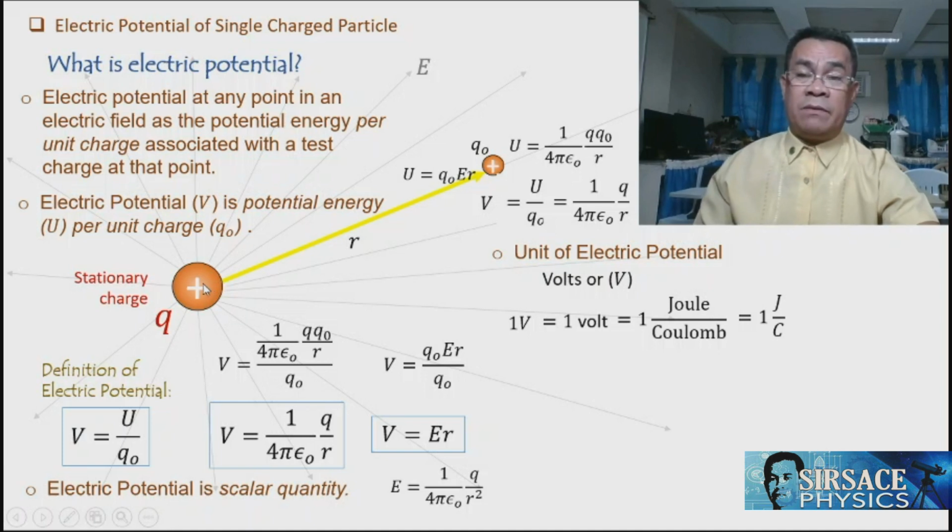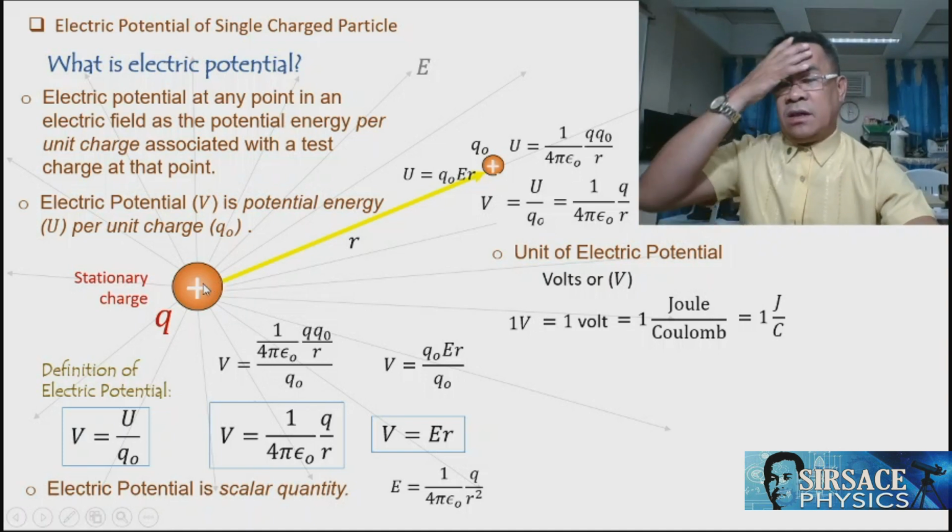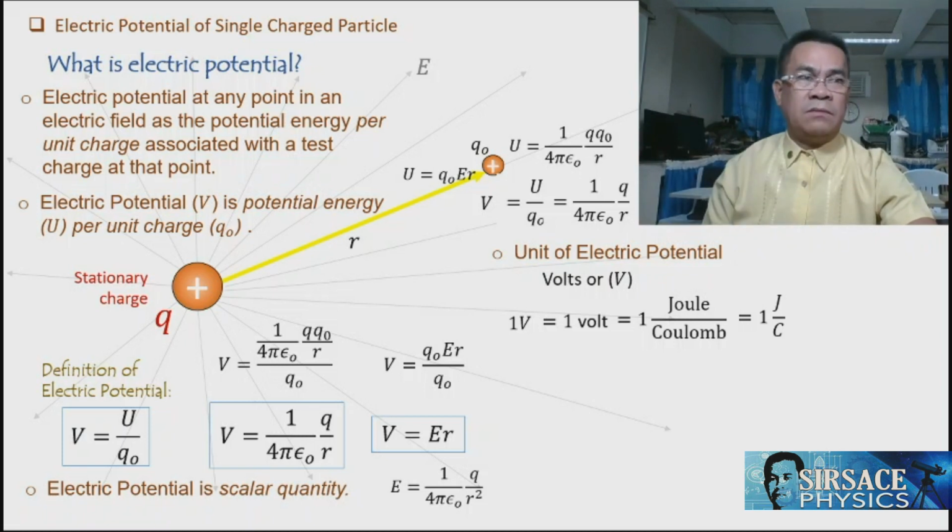Now, if you remember in our previous topic on the application of Gauss law, we solved problems of a particle. If you are asked how much is the flux inside the sphere, then the answer is zero.